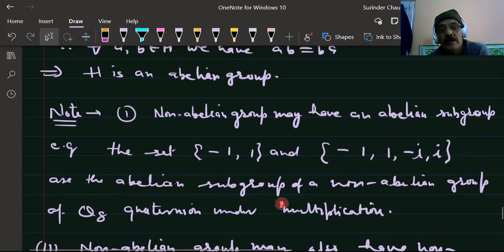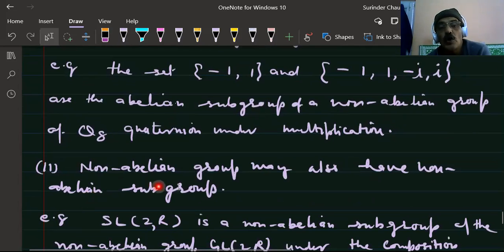For the composition, we can write out the composition table for these and conclude that they are both abelian groups. These abelian groups are subgroups of a non-abelian group, the quaternion group under multiplication. We have discussed this set of square roots of unity and the fourth roots of unity. They are both abelian groups.